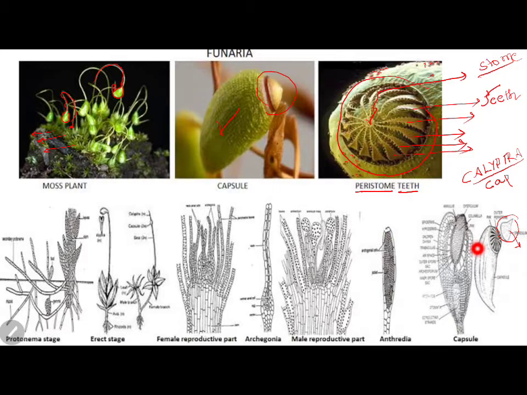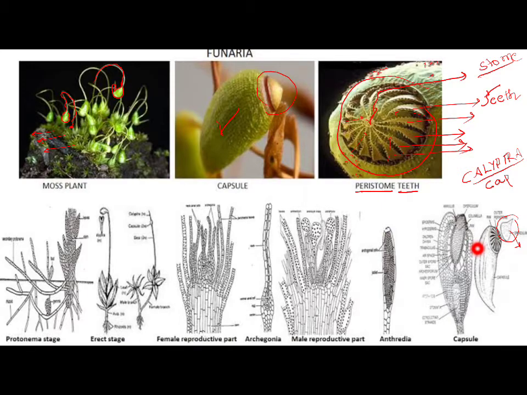Why should we have teeth? Inside that you can see the upper surface of the capsule, and this will degenerate and dry up. The spores will start coming out of these teeth. These teeth are meant for gradual spore dispersal.